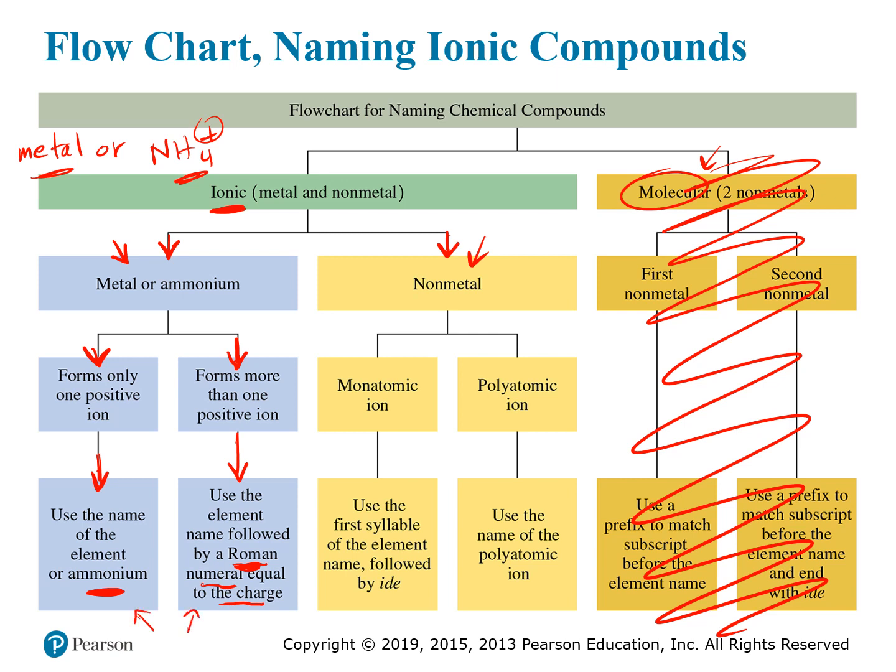For the nonmetal anion, you have to figure out, is it a monatomic anion, just a single element, or is it a polyatomic anion? If it's a polyatomic anion, you just need to identify it from that list. Try and memorize the list, and you'll be able to see which it is. You just use the name of the polyatomic ion. If it's a monatomic ion, you take the first syllable of the element name and you end it with -ide.